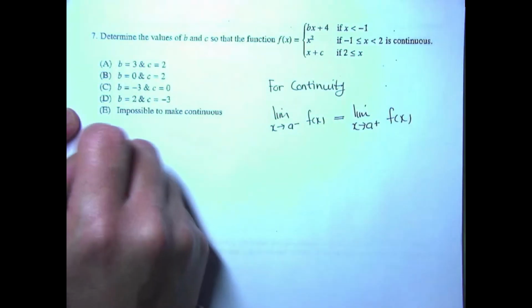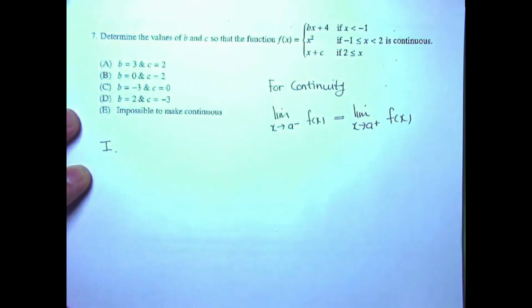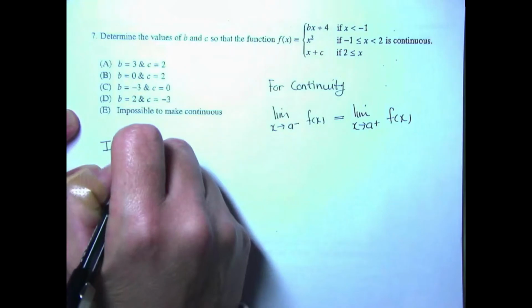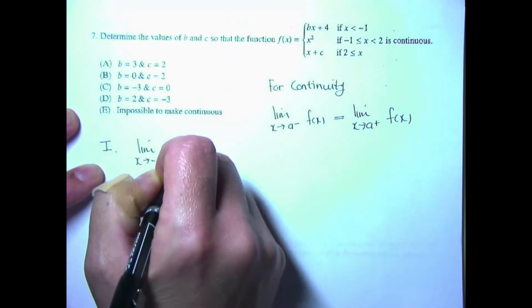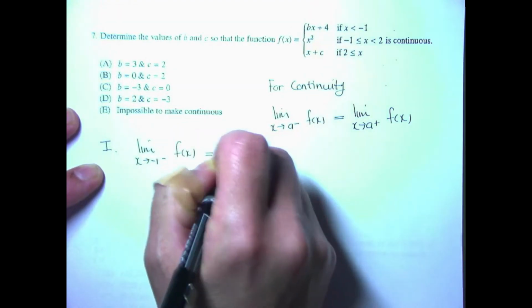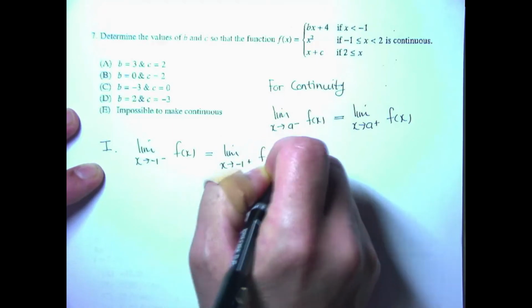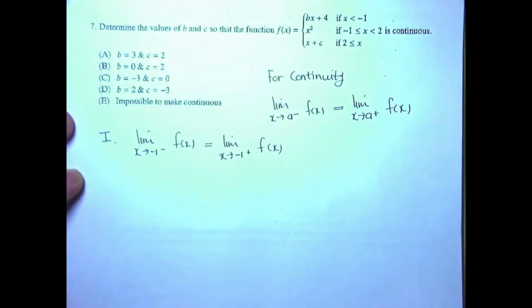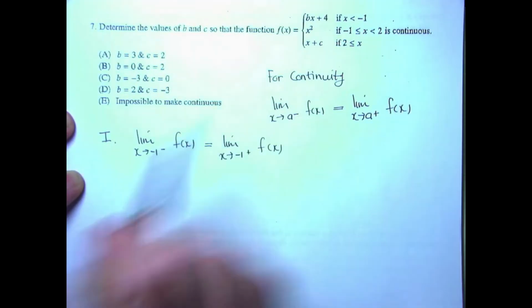So step 1, let's set the first two equations equal to each other. So I'm going to say that the limit as x approaches negative 1 from the left for this function has to be equal to the limit as x approaches negative 1 from the right for this same function. All right, so I can go ahead and find these limits. I can in fact just plug in negative 1.